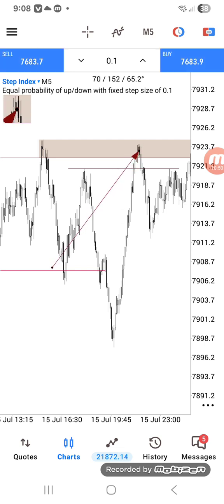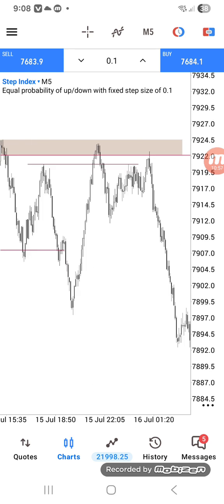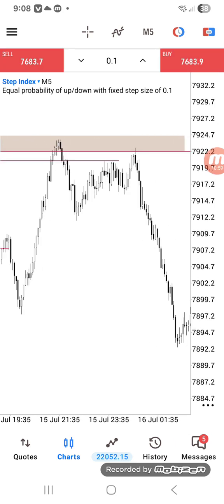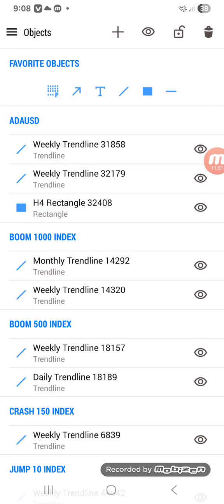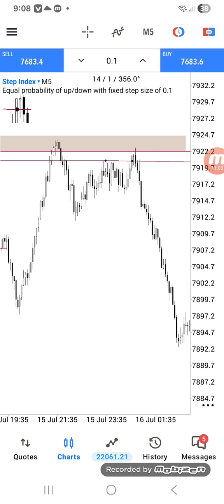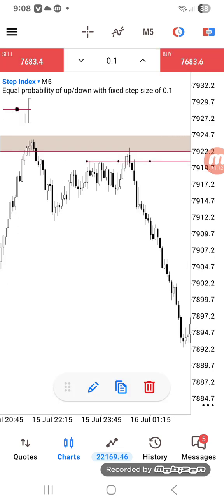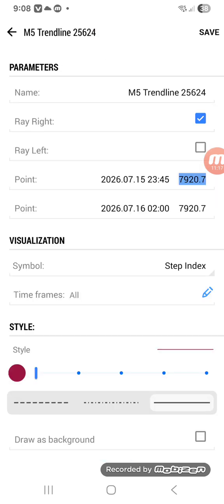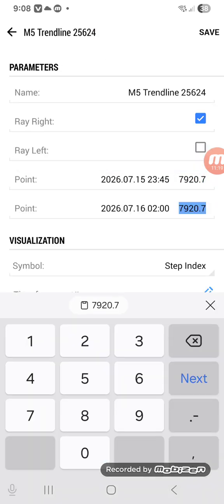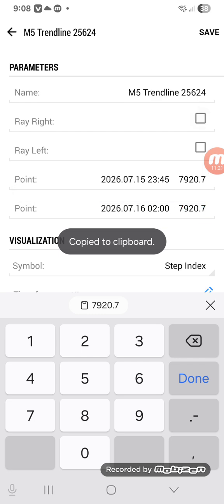It was a protected high now, so the market could not go above this level. And for my advantage, I could have taken this trade because it came and took another liquidity level here. Let me remove that line. It took another liquidity level here, making it easier for me to spot a clear entry.